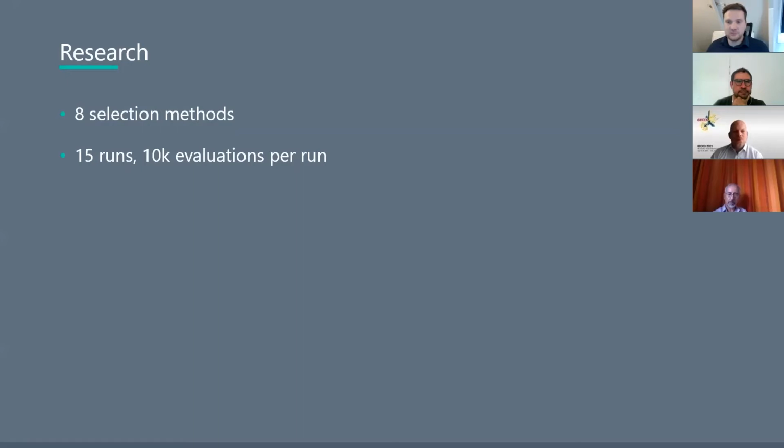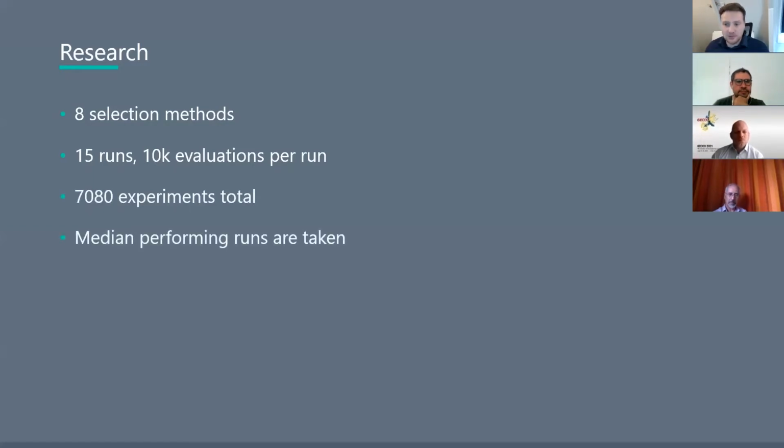So after 10,000 function evaluations of the objective function, the run stops. This resulted in a total of 7,080 experiments, of which I took the median run per selection method to exclude outliers because the plant propagation algorithm contains stochastic elements.